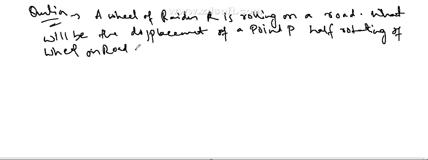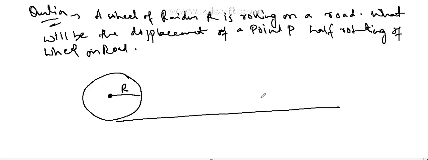Let me draw the diagram. Half rotating of the wheel on the road. So what happens?